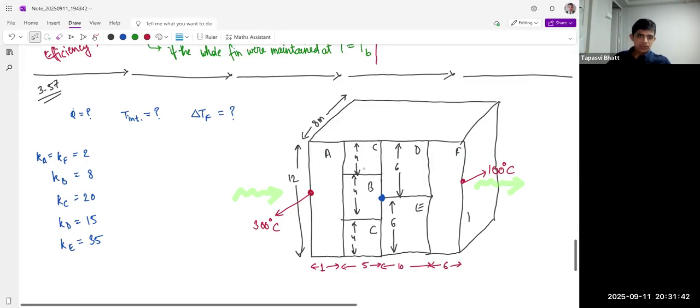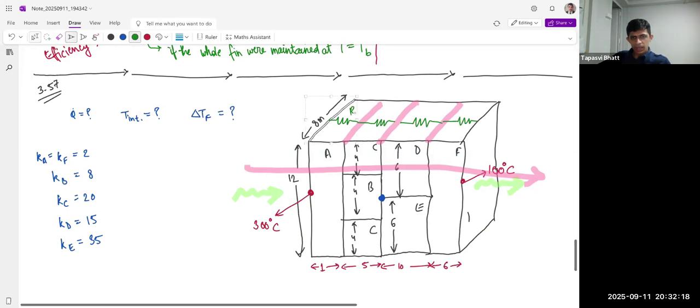First of all, you see the heat transfer. They're saying that heat transfer is happening in 1D. Okay, so heat transfer is taking place only through this route, only like this. So a few things are in series. You can see that. Green pen, okay. This is a resistance, this is another resistance, this is another resistance, and this is another resistance.